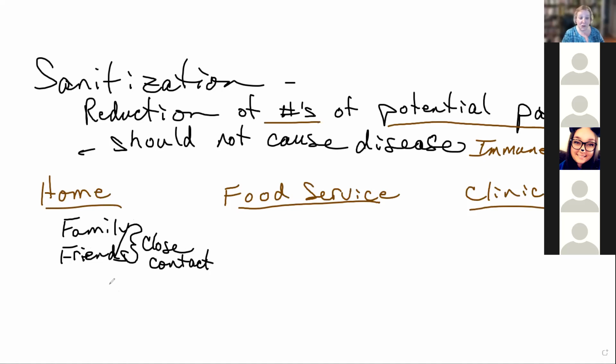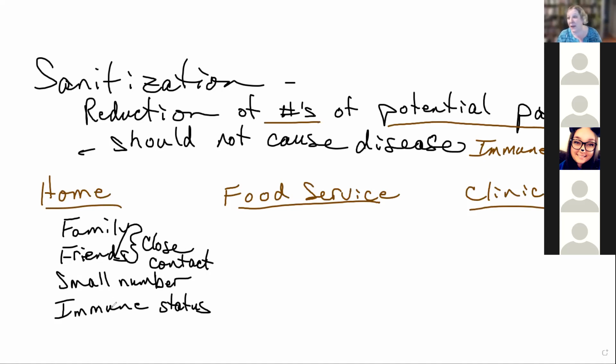Usually it's a fairly small number, and you know everybody's immune status. You know if somebody in your family is undergoing chemotherapy for cancer and they're immunosuppressed, or if they just had a kidney transplant and they're on immunosuppressive drugs to prevent rejection of the kidney.